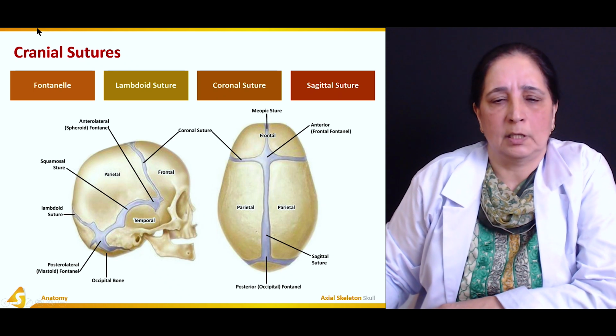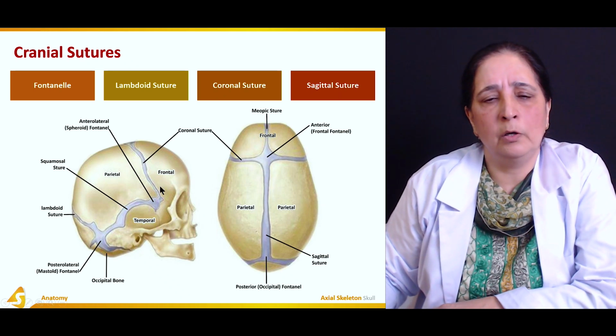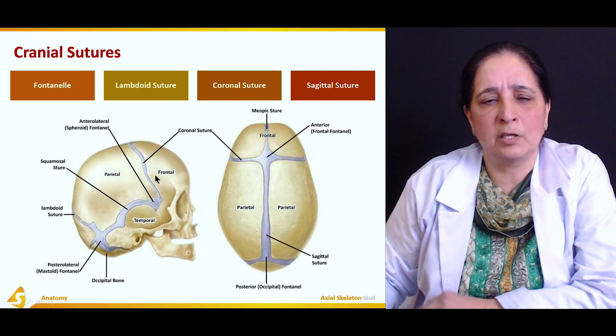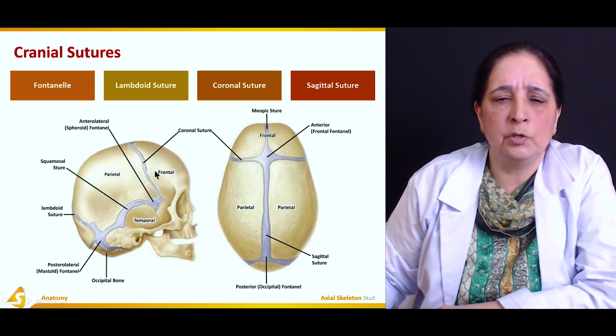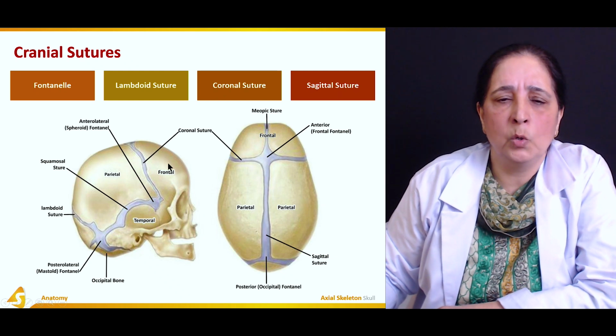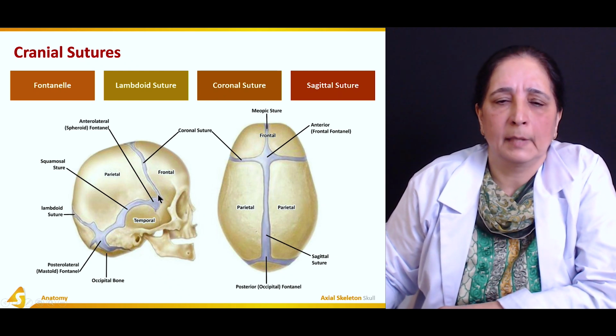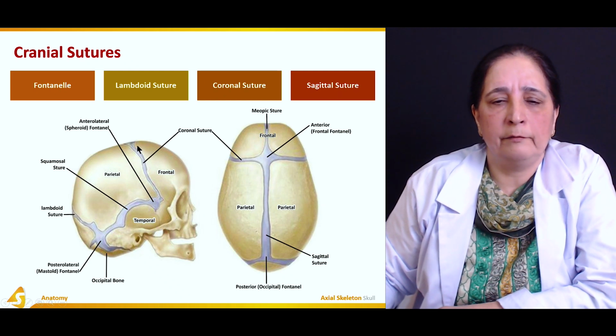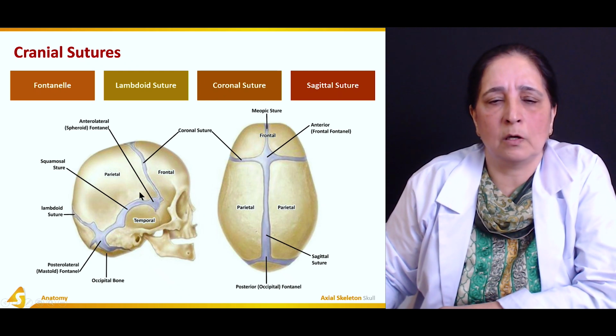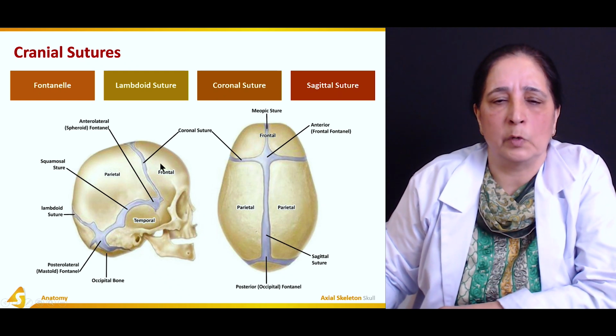Now, next we will cover the cranial sutures. Suture, as you all know, comes from the word sewing, or sew. So cranial sutures are used to connect the bones of the cranium. Where two bones come close together, we have sutures that cause connection between the cranial bones.